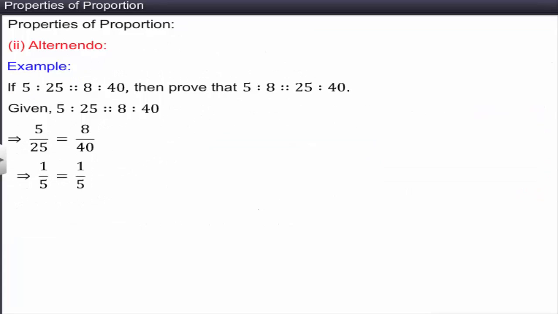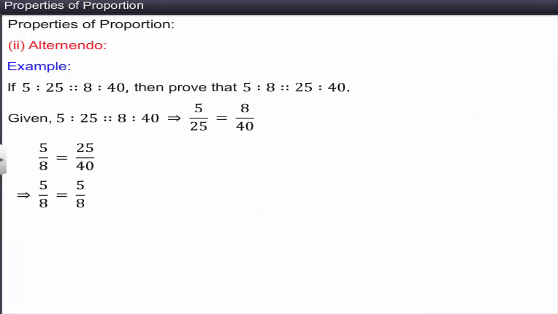Using the alternando property, we write this as 5 divided by 8 is equal to 25 divided by 40. On further simplification, this can be written as 5 upon 8 is equal to 5 upon 8. This can be further written as 5 is to 8 is as 25 is to 40.